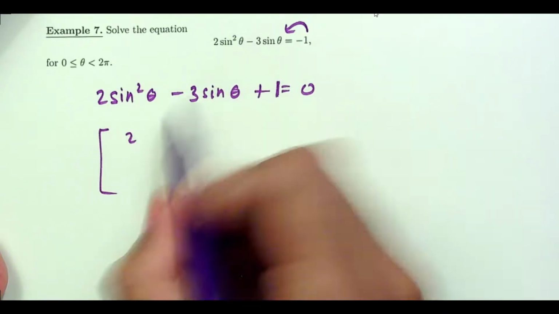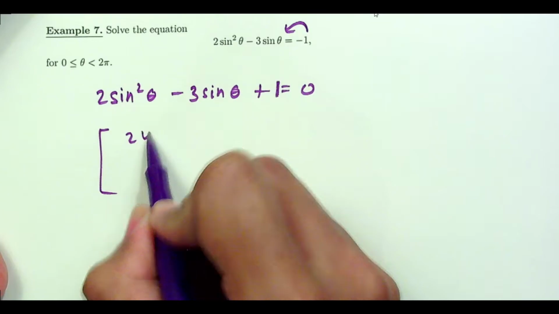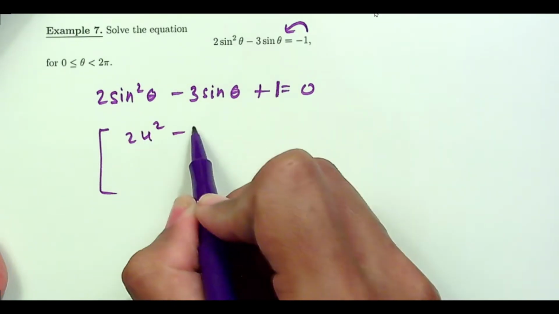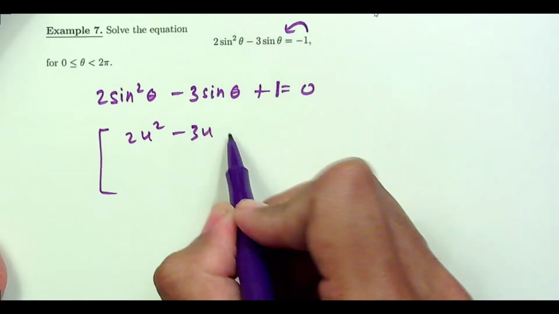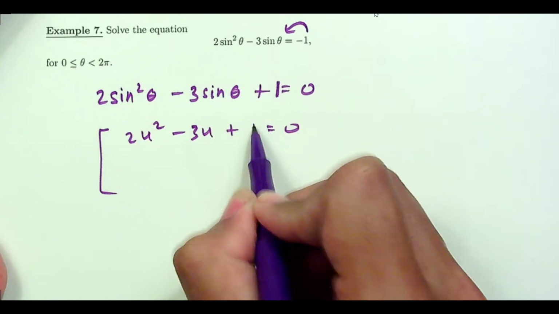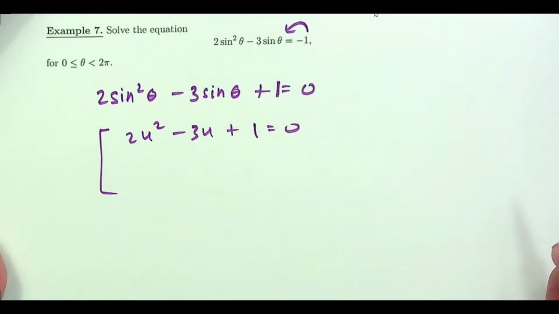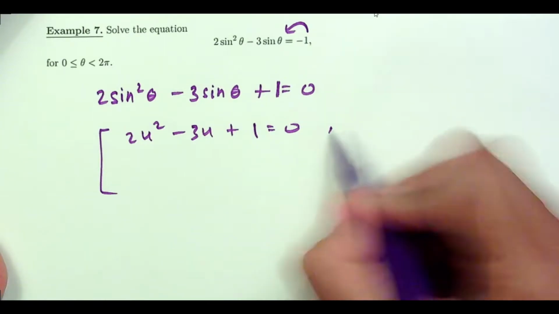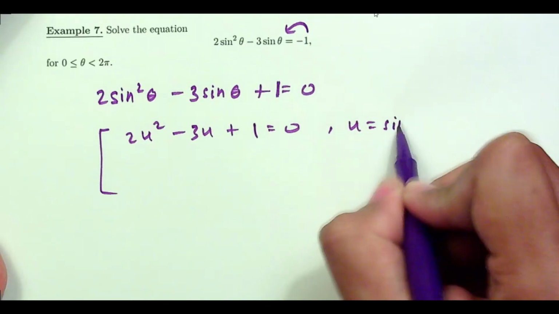Well, if you just notice, this is a quadratic equation in sine, so that means factoring this is equivalent to factoring 2u squared minus 3u plus 1 equals 0, where u is sine of theta.